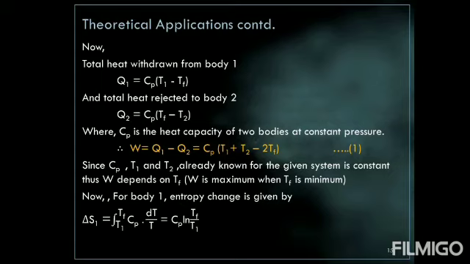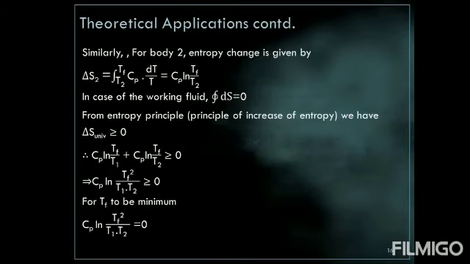We already established that. Now for body 1, the entropy change is given by delta S1 equals Cp ln (Tf by T1), and similarly for body 2, delta S2 is given by Cp ln (Tf by T2). In case of the working fluid, there is no entropy change, therefore the integration of delta S of the fluid is equal to 0.